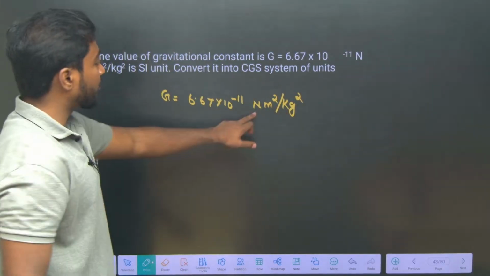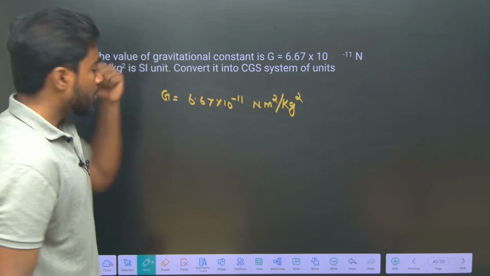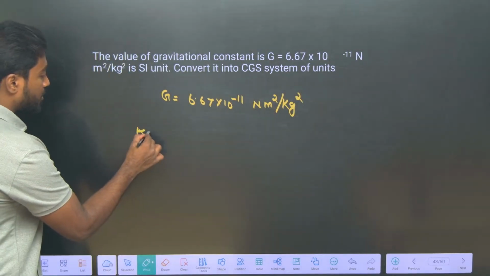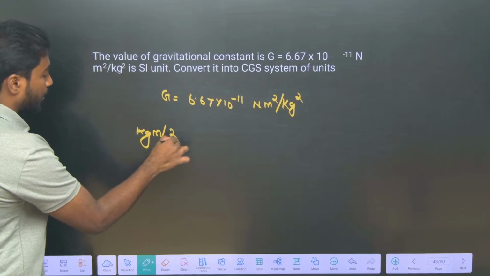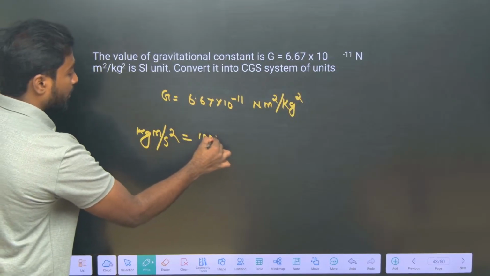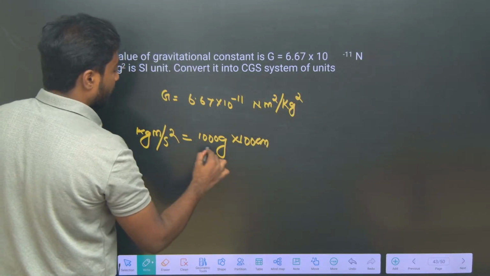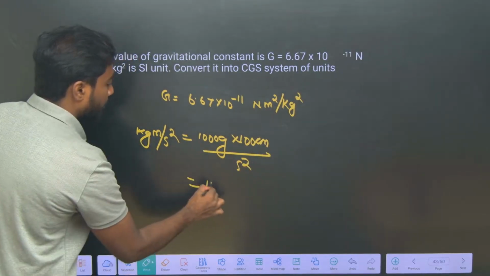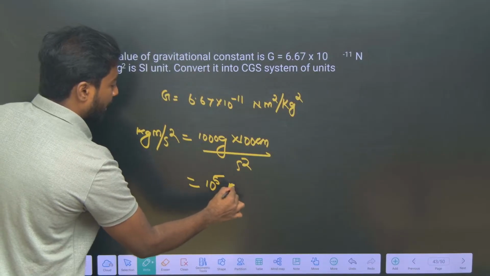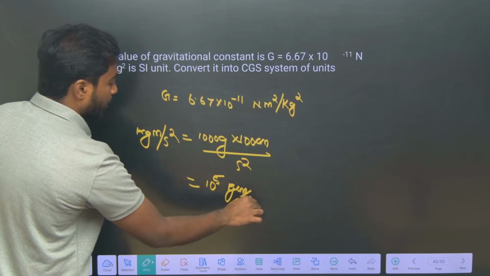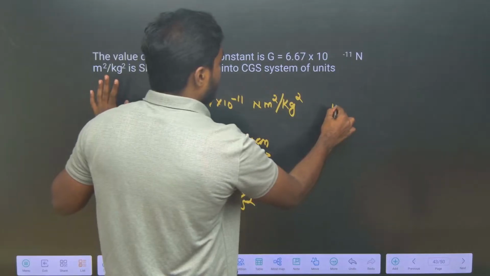So we know that it is 10 power 5. For Newton we have kg meter per second square. Kg is 1000 gram and meter is 100 centimeter, divided by second square, which is nothing but 10 power 5 gram centimeter per second square. I will keep it as 10 power 5.